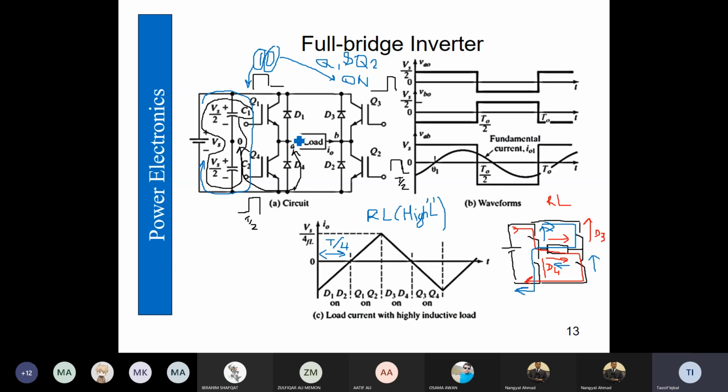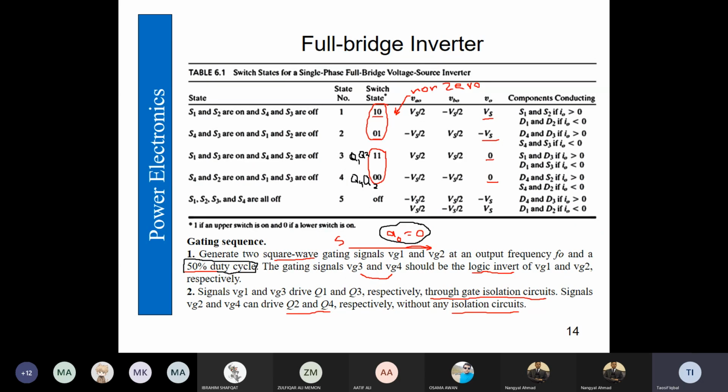ठीक है, ये numbering hopefully आपको ये switching state समझ आ गई. So therefore, when we have switching state 1, 0, that means we have switch 1 and switch 2 on. Switch 1 is the upper switch of the left phase leg, and S2 is the lower switch of the phase leg. So the upper switch, which is S3, is off.